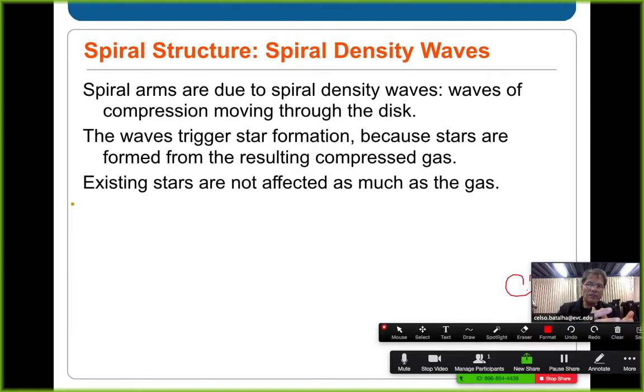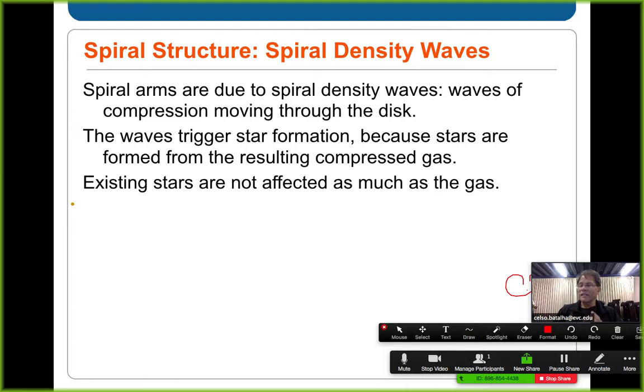Now, when these density waves pass through the gas, you have contraction. You have a slow contraction of the gas in there, and this slow contraction triggers star formation. When it triggers star formation, a certain small percentage of OB stars are formed. And when the OB stars are formed, now you have the flashlight providing the ultraviolet radiation that excites the gas and allows astronomers to map this spiral structure.